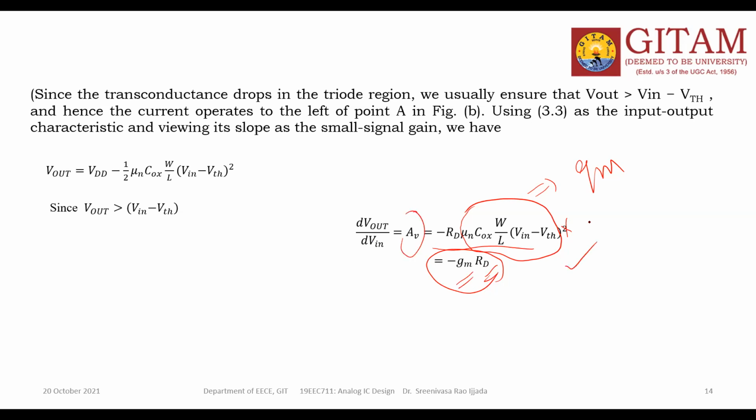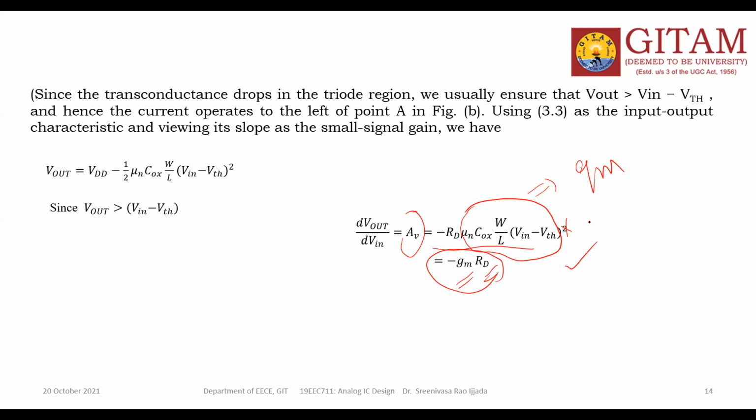So from this equation, what can you understand? What could be the significance of GM and RD? One thing I can understand is that your gain is proportional to GM and RD. The gain can be increased when the GM value increases, or when the RD value increases.